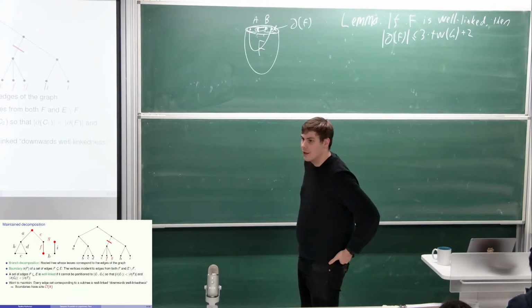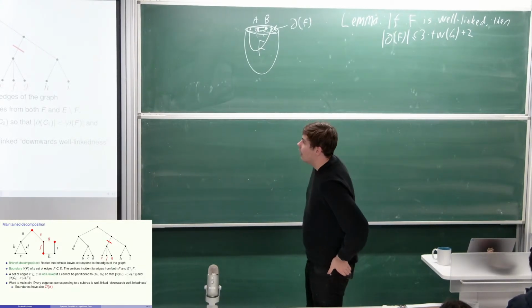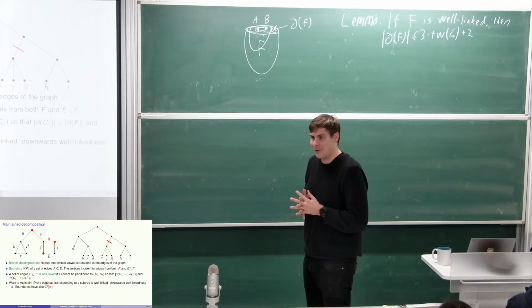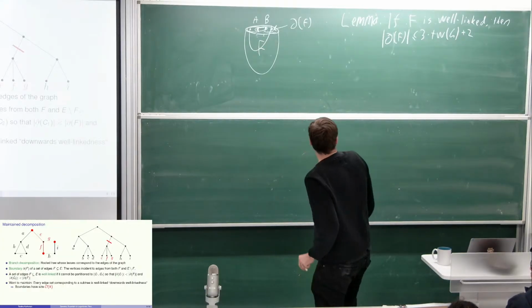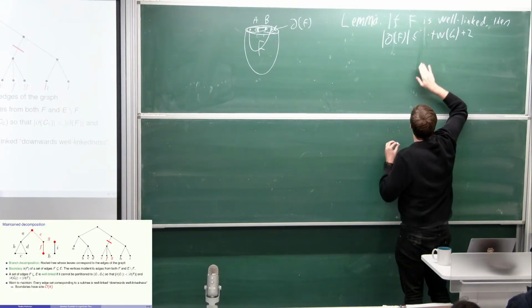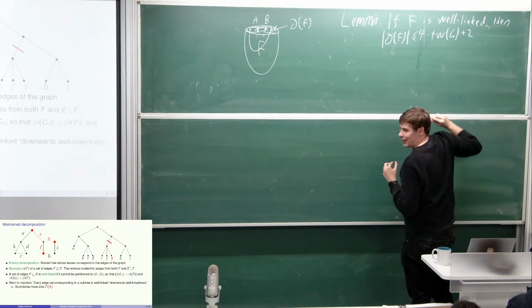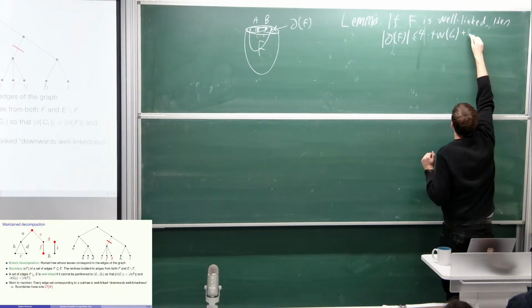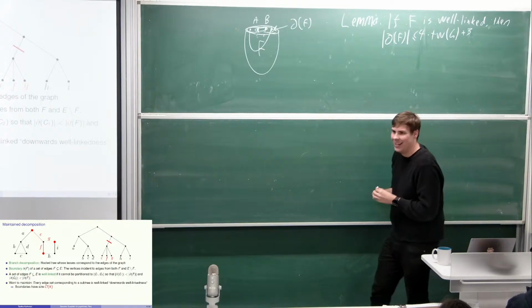Not the branch width, tree width? I mean they are within a constant factor of each other, right? Yeah. Oh, maybe it's 4. Maybe it's 4. I think it's 3. You think 3 is enough? I think 3 should be enough. Yeah, let's go with 4 to be sure. You want to be safe.